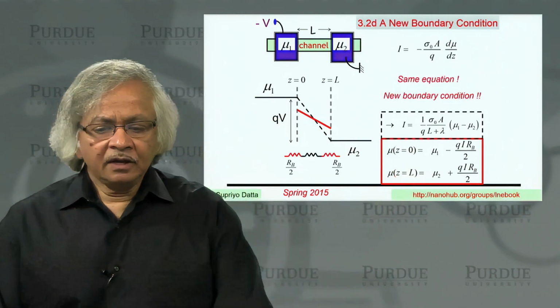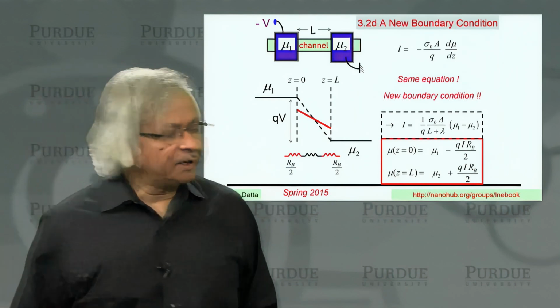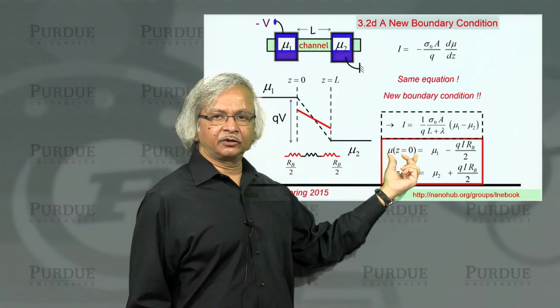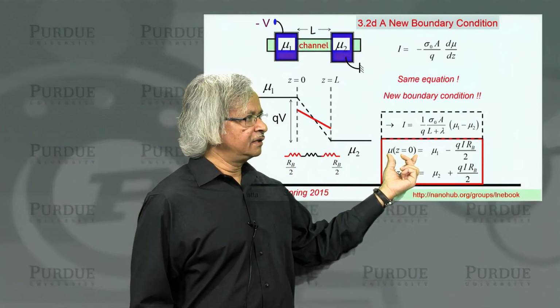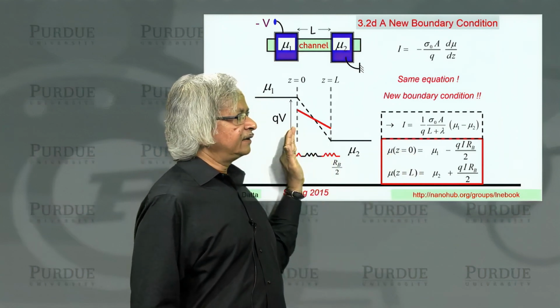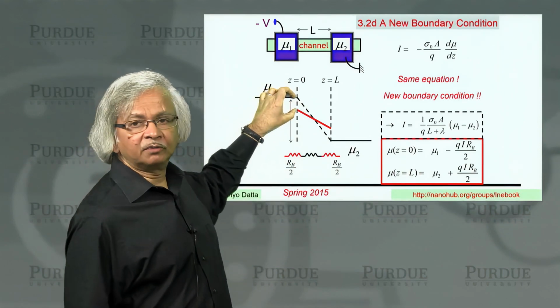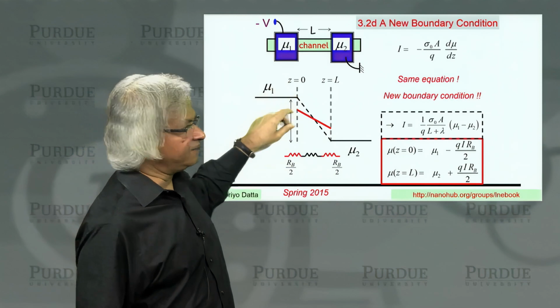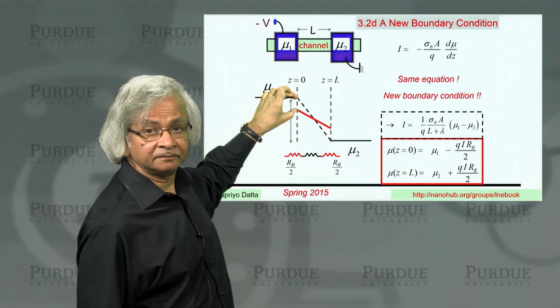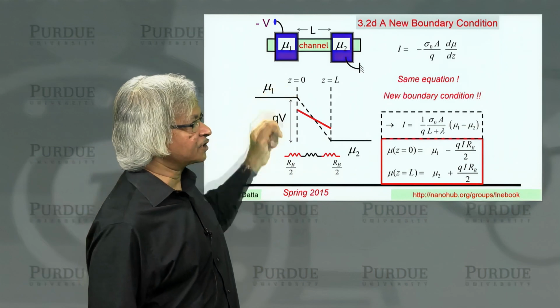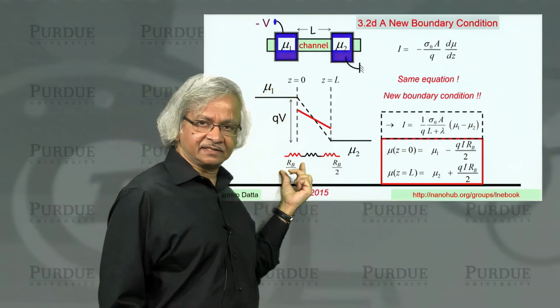Okay. Now, how do you interpret this boundary condition? Well, what you're saying is that the electrochemical potential at this end is not mu1, but a little less by an amount proportional to the current. What that means is there is a potential drop here, and that is proportional to the current. And that, of course, corresponds to having a resistance there.